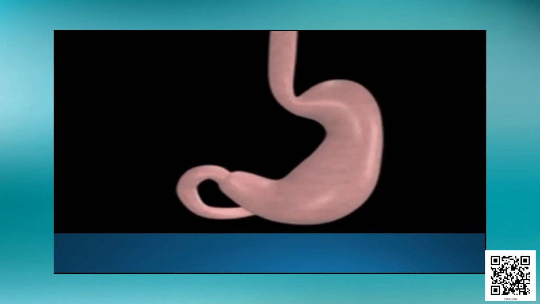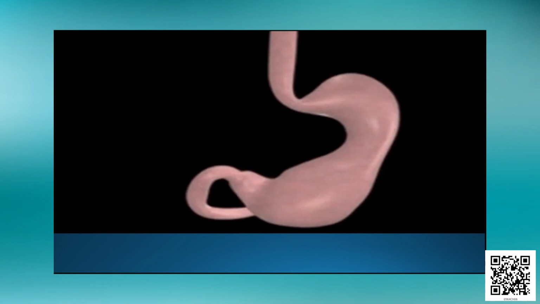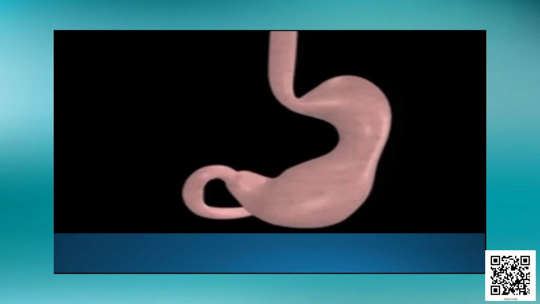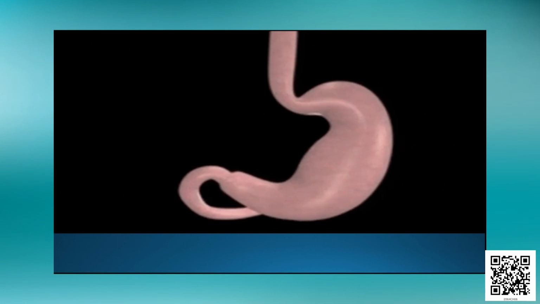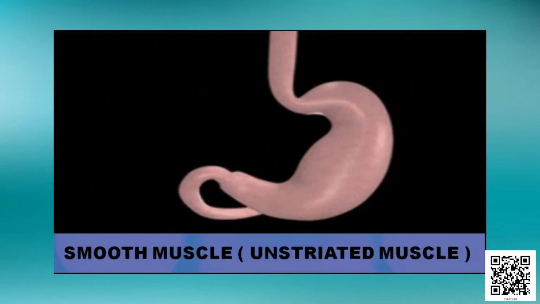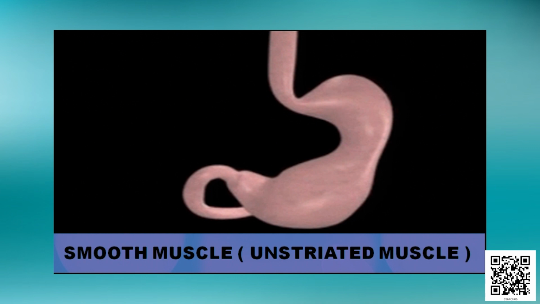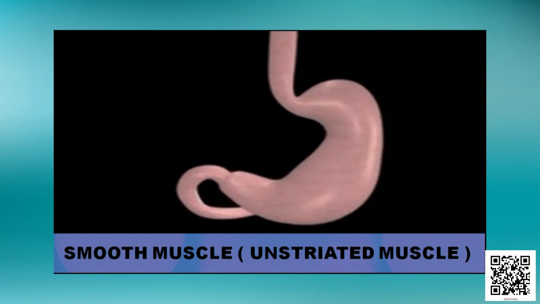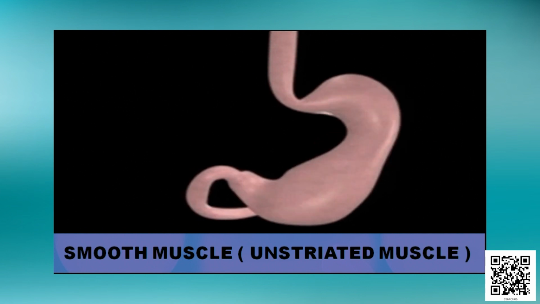See this. Again, when food is there in the stomach, it churns. There is contraction and relaxation of the wall of the stomach. So, which muscle is the stomach made up of? The muscle name is smooth muscle, but its other name is unstriated muscle.